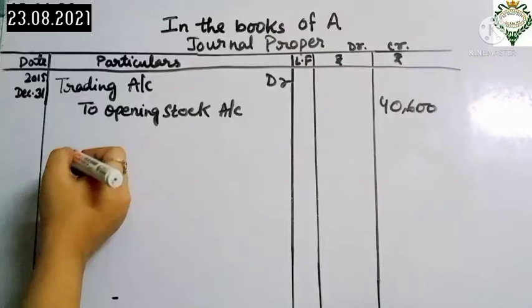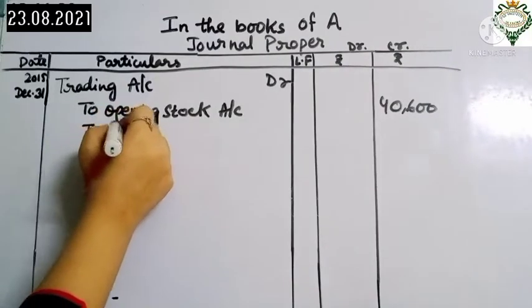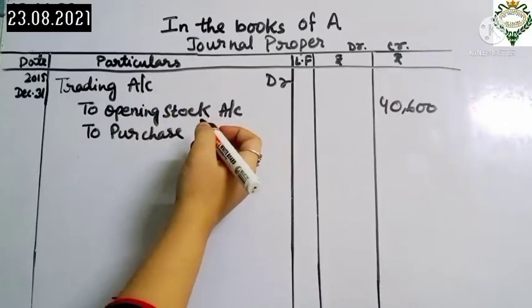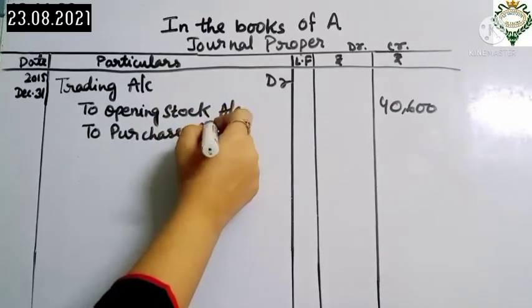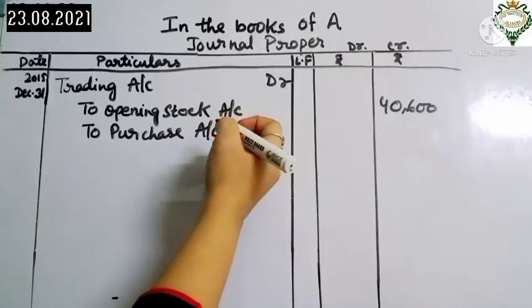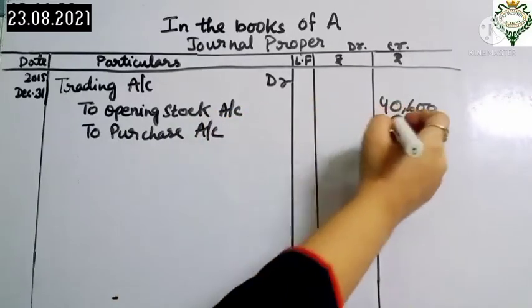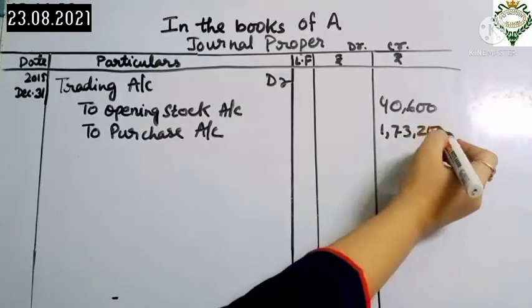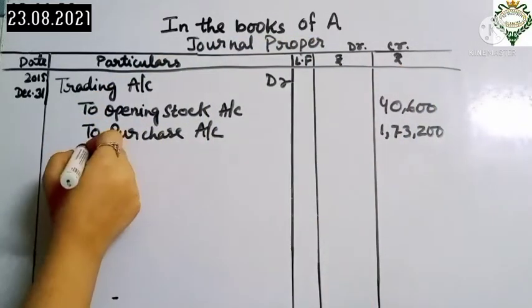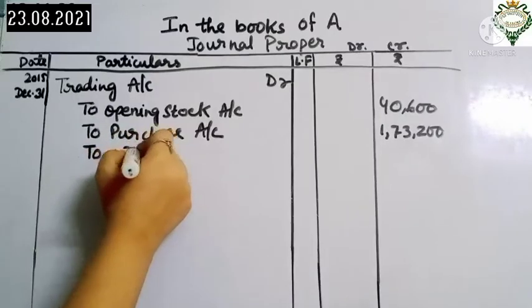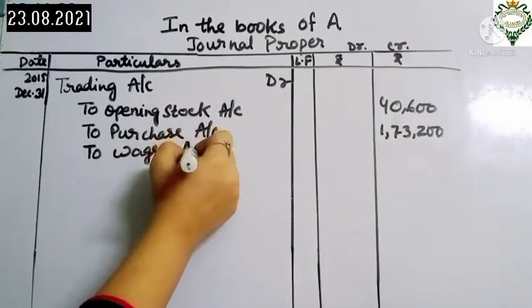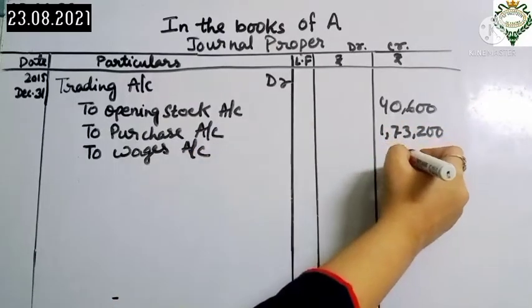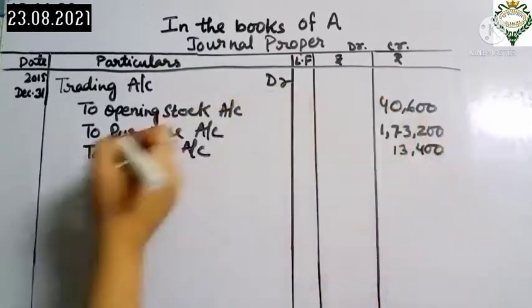Then we will add here to purchases. If we purchase something, that will also go out of the company, so the amount is going out, so we record it, and the amount is 1,73,200. Then we will record here to wages. The wages amount is 13,400, so we record here 13,400.